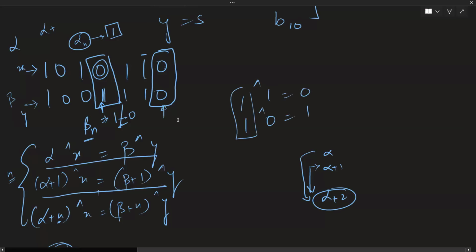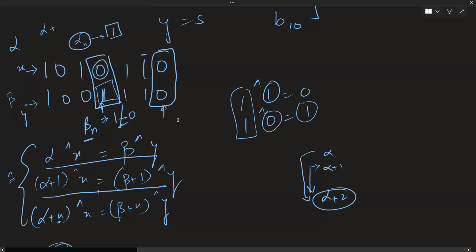So if one is the bit at this place in beta, you'll get zero. If it is zero, you'll get one. So I'm saying this thing is reversed. And for alpha, it will be the same, right? Yes, no. For alpha, since the bit is unset.